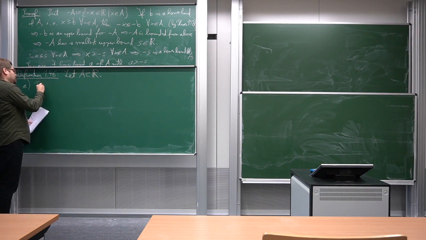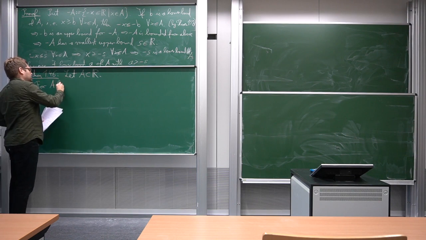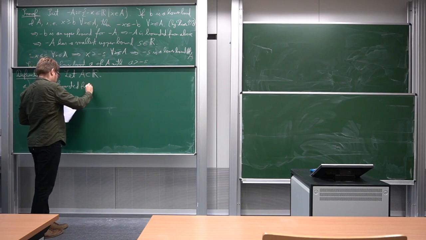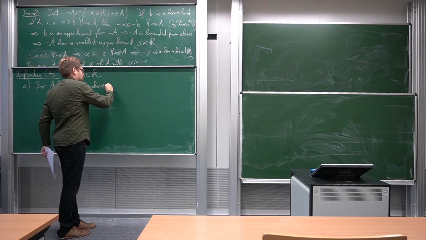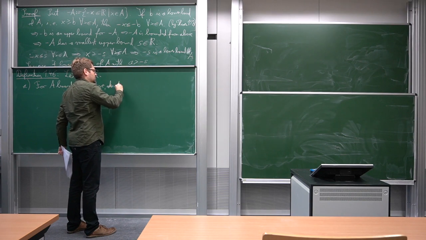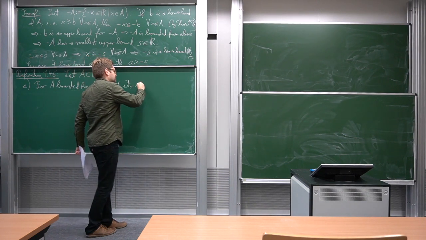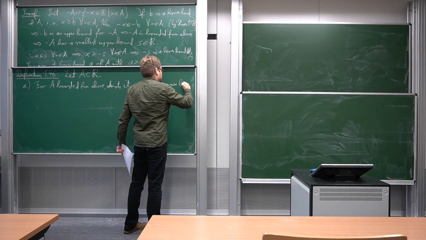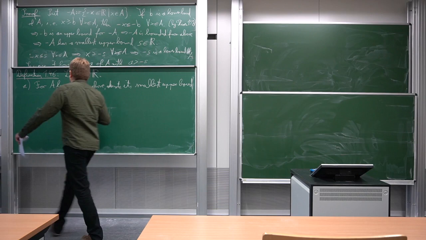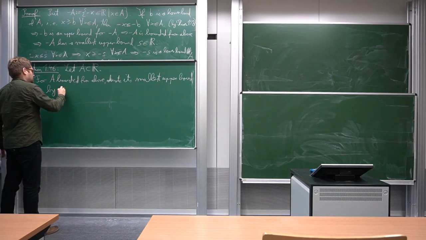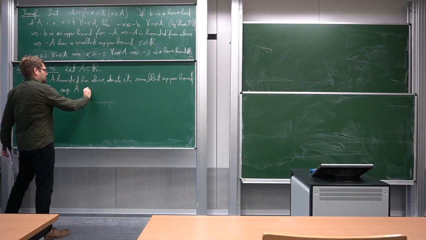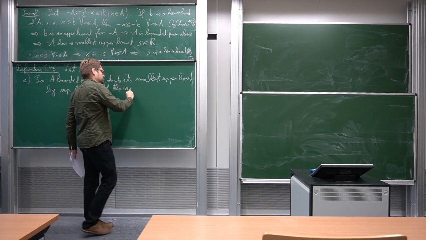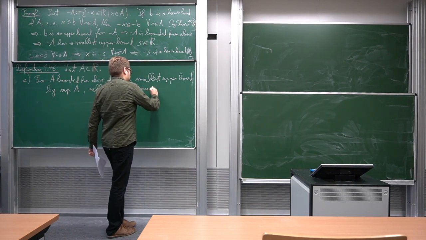So for A bounded from above, denote its smallest upper bound, I just want to give it a name because this number appears quite often, by sup A, and we call it the supremum of A.